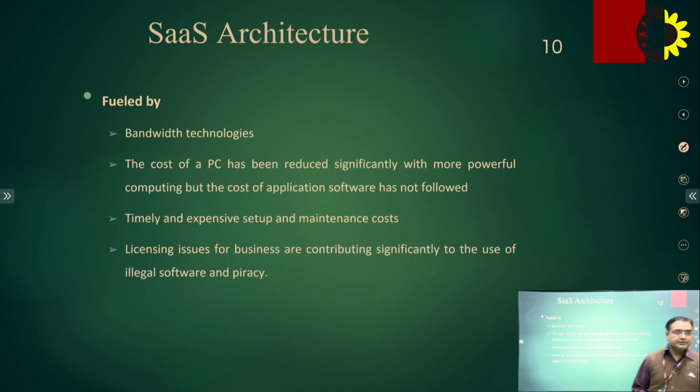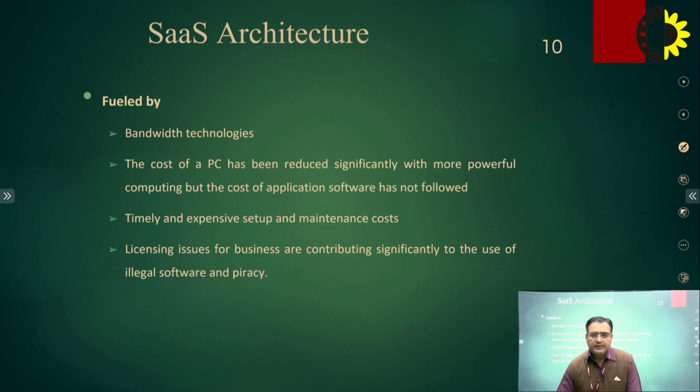The cost of PCs has been reduced significantly with more powerful computing, but the cost of application software has not followed. The SaaS architecture means the technologies, the hardware technology and the software. Time to time, the functions of the software and updated advanced versions of the software are available in the market.